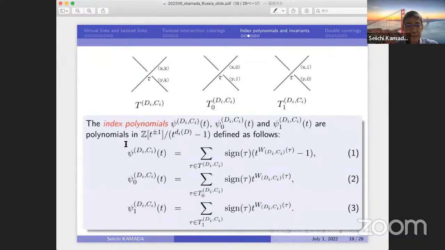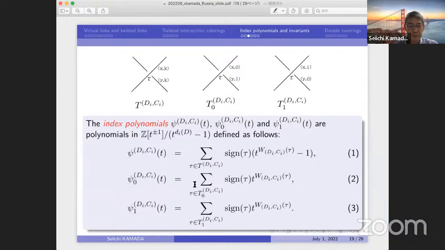Now we define the index polynomials Psi, Psi0 and Psi1. They are Laurent polynomials, but modulo t to the d_Di minus 1, so t to the d_Di is identified with 1 in the polynomial. So Psi is defined like this: the summation over all self-crossings of Di belonging to this type, of the sign of the crossing and t to the weight minus 1.